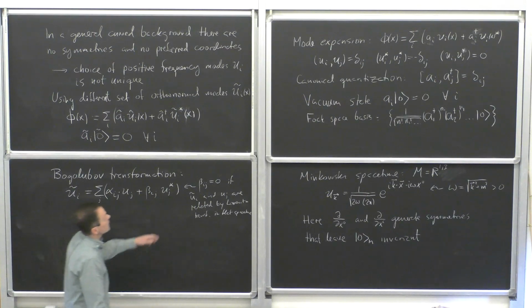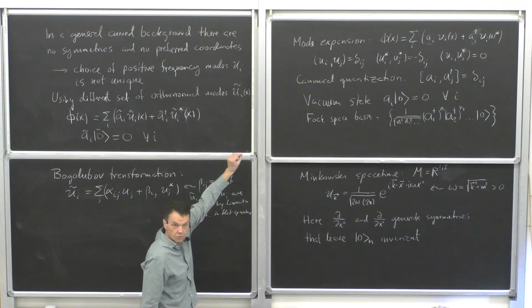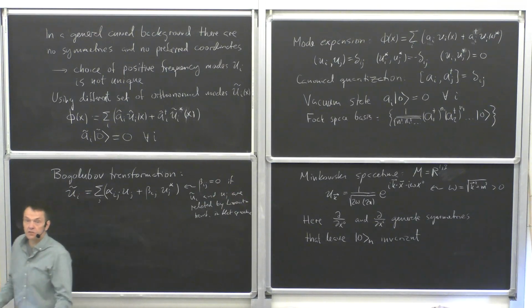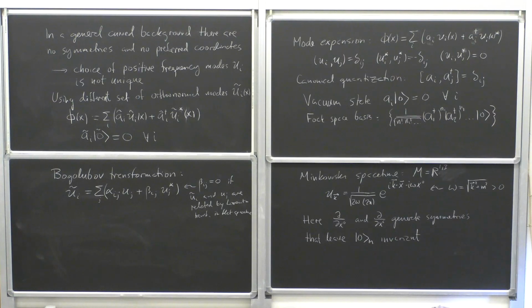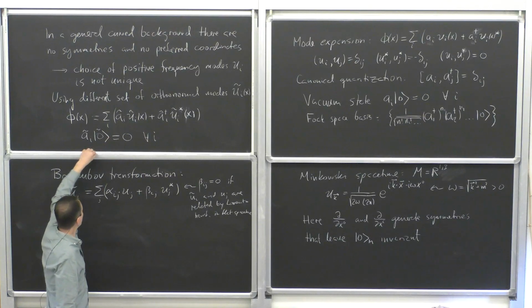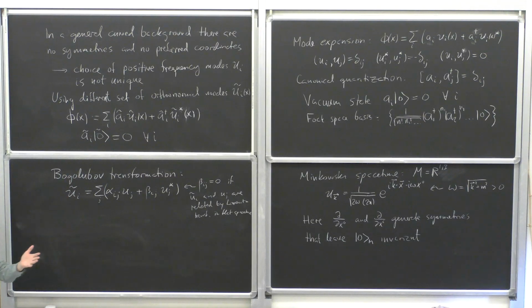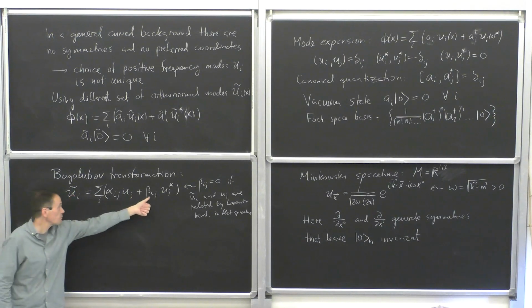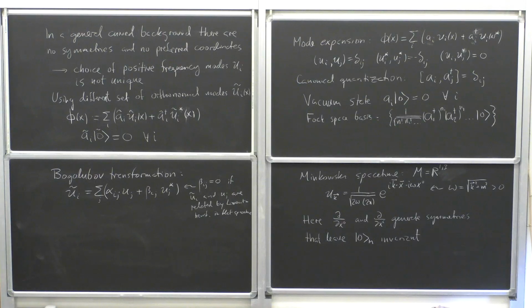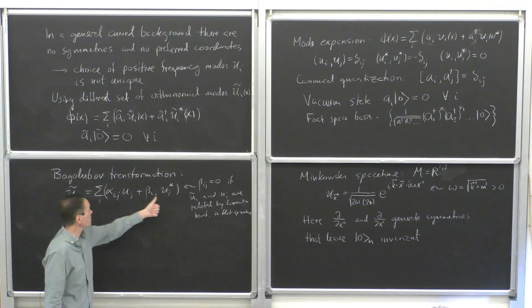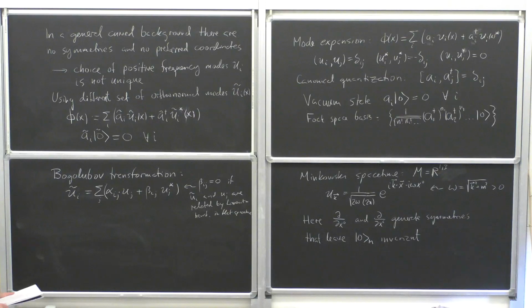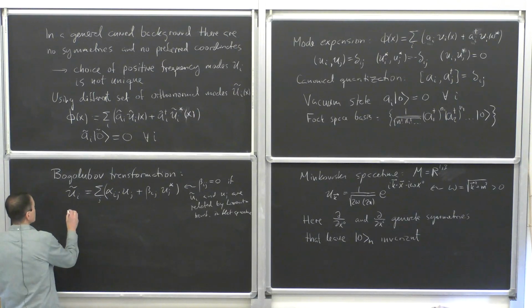What I'm using simply is that the u_i, by assumption, form an orthonormal basis for my field space, right? That means I can take any function on that space and write it as a linear combination of those modes. In particular, I can take one of the other modes, which is a function on that same space, and write it as a linear combination. That's all I'm doing here, just using that these form an orthonormal basis. All right? And then I can leave this as an exercise for you.